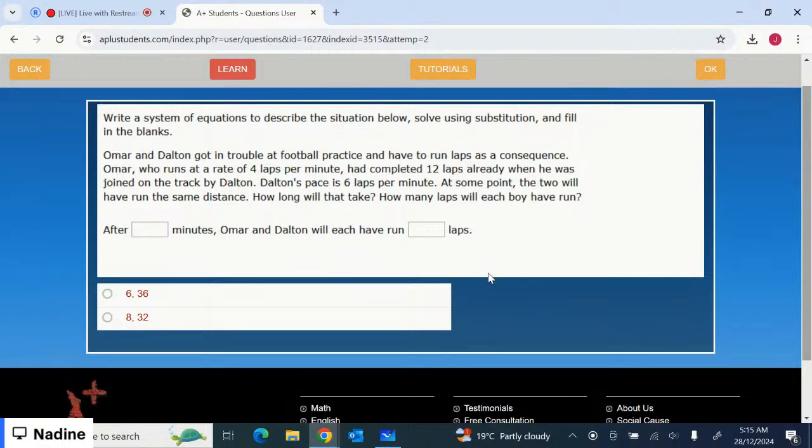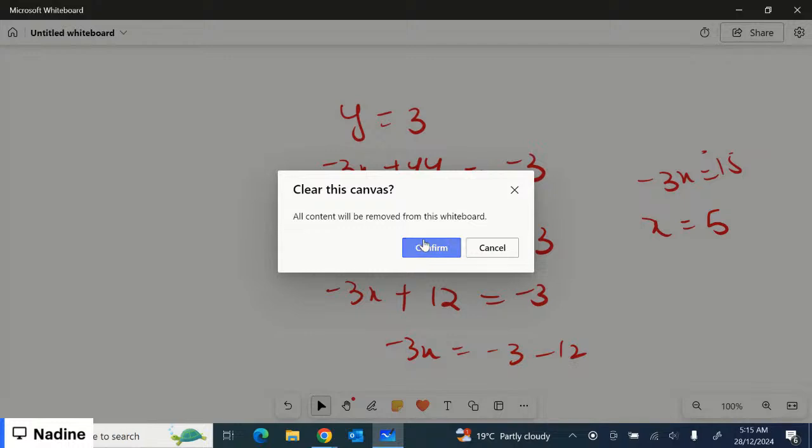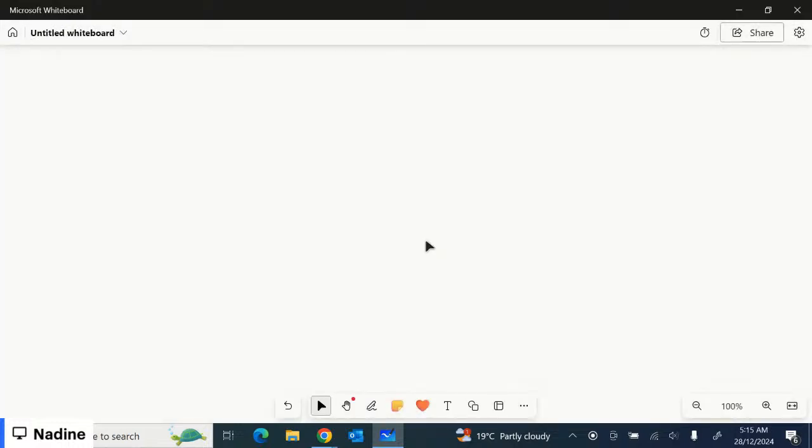Let me write down the equations on the board and then we'll solve this question using the substitution method. So the equations are y equals 4x plus 12 and y equals 6x.